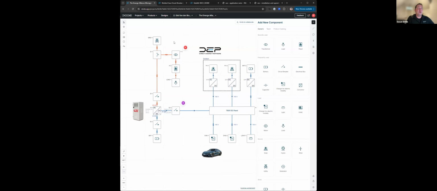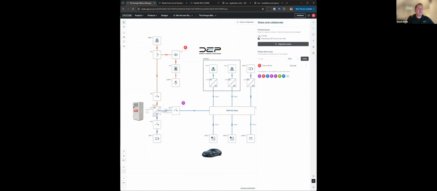So if you do want to share this design with people, you can click invite to collaborate. Private means you can invite one-on-one, or if you want to share it with everybody, you click that button and click copy to share. And I think I should be able to drop this into the Zoom chat. It's hard to find the Zoom chat.